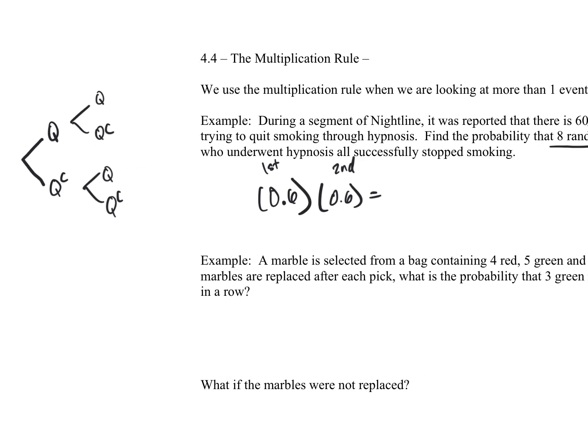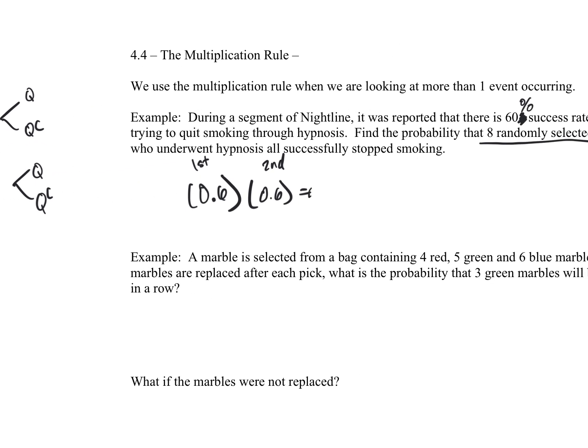So if I want to find the probability that 3 out of 3 people quit smoking, I would do 0.6 times 0.6 for the first 2, times another 0.6 for the third person. Is everybody with me? Times another 0.6, then if I want to go all the way out to 8 people, I would need to do 0.6 for the 8th person. So in reality, I'm doing 0.6 8 times.